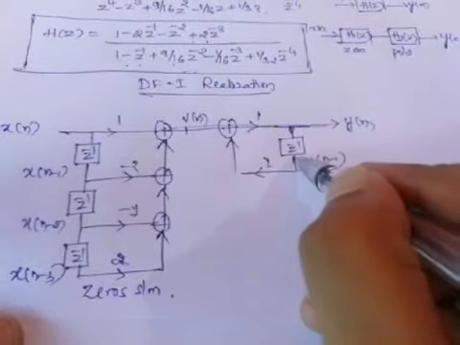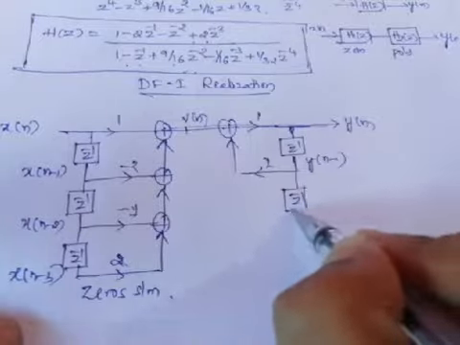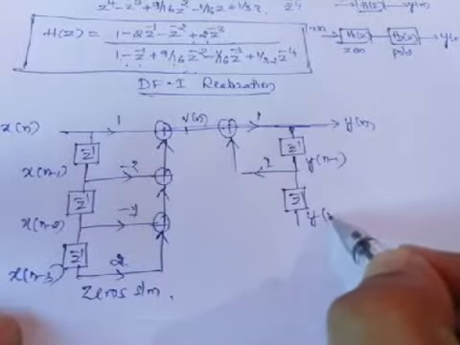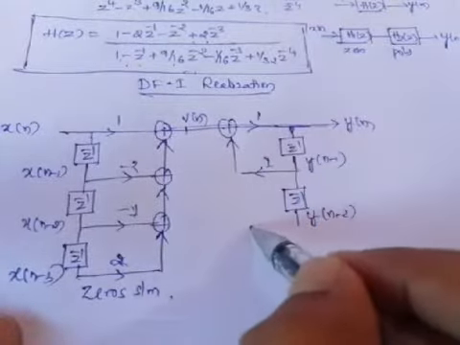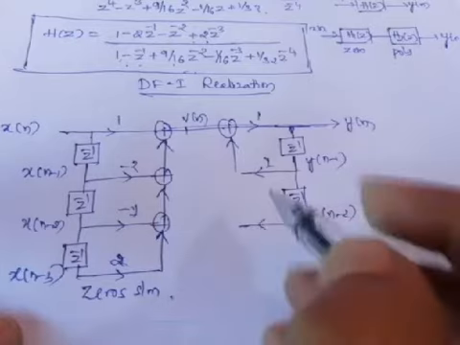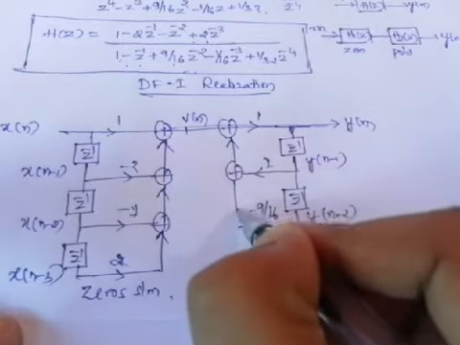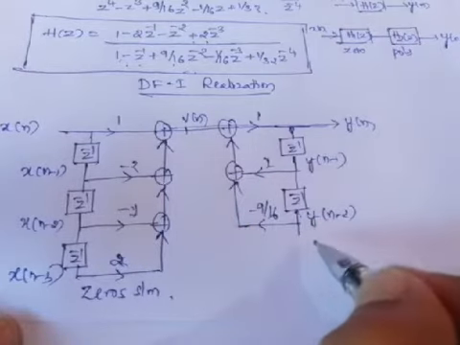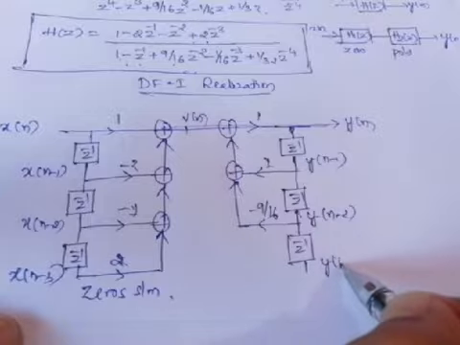Next, second time delay. The coefficient term is plus 9 by 16, take the reverse of that, which is minus 9 by 16, and add with the previous result. Next, third time delay, y of n minus 3.